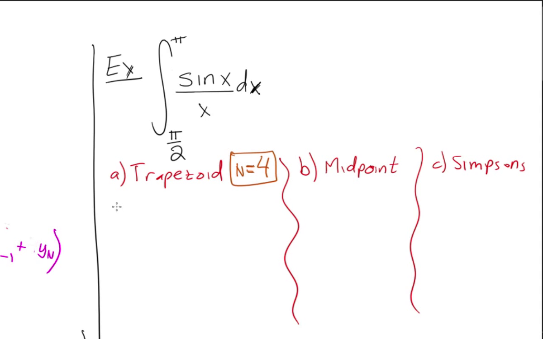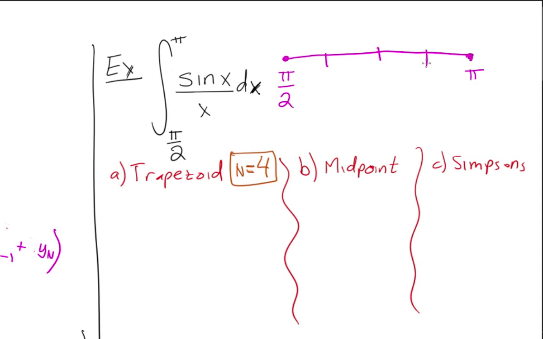It depends on how comfortable you are, but what I would say is it's a good idea to draw a number line from one end to the other to figure out the values that you're going to plug in. So you're going from pi over 2 to pi, breaking it up into 4 pieces.